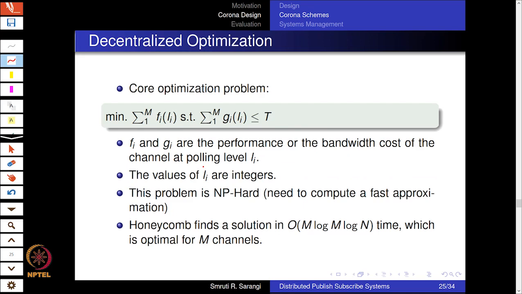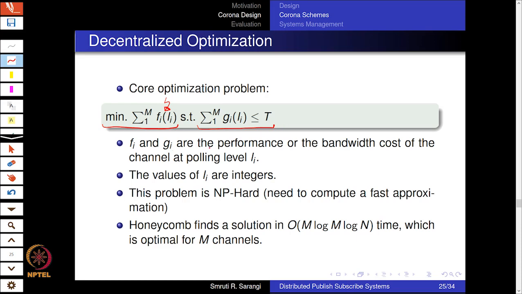So the optimization problem in this case will be something like this, that we want to minimize a quantity f subject to some other quantity being lower than a threshold. So these can be expressed as generic functions f and g, where we want to minimize f subject to g being lower than a threshold.